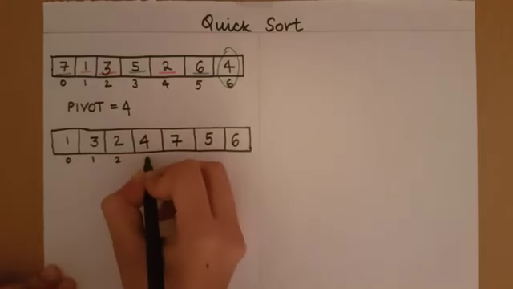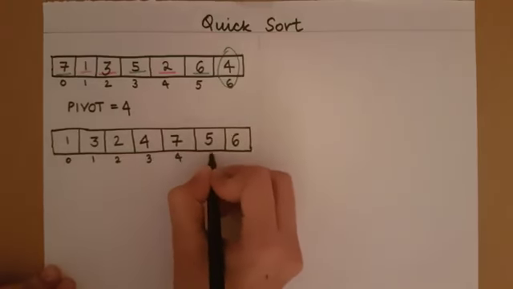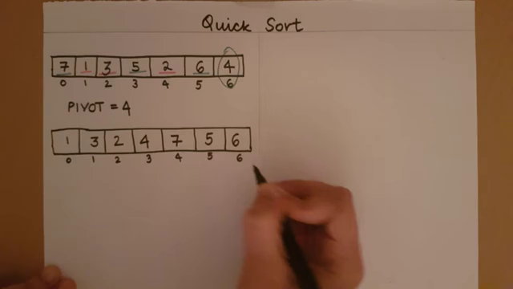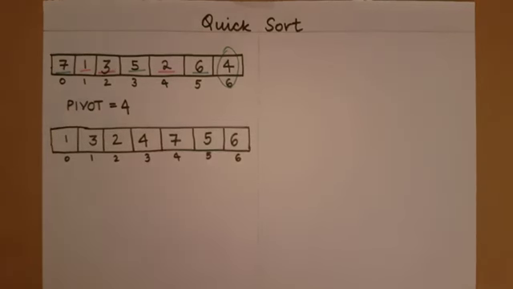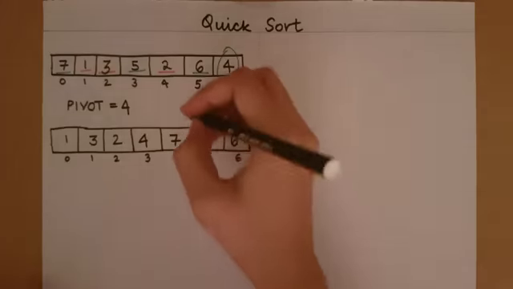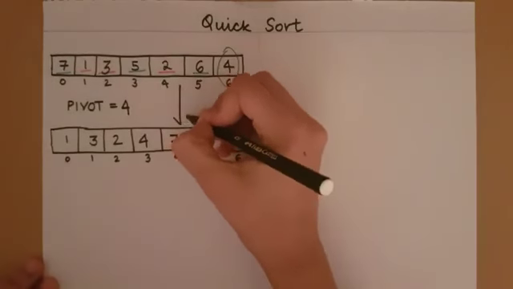Again, I am writing down the indexes. So now, as you can see, we've chosen a pivot and we have put the pivot in the correct position. This process is known as partition.